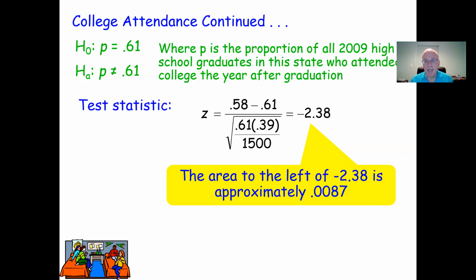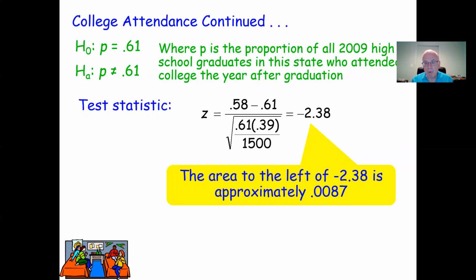In other words, you're going to put in normal CDF, for your lower endpoint you're going to put in negative 1,000, your upper endpoint will be negative 2.38, and then the mean is 0, standard deviation 1. And you should get a number close to 0.0087. But remember, that is the left tail area. With a two-tail test, we also have to include the right tail area, which happens to be equal to the same number.